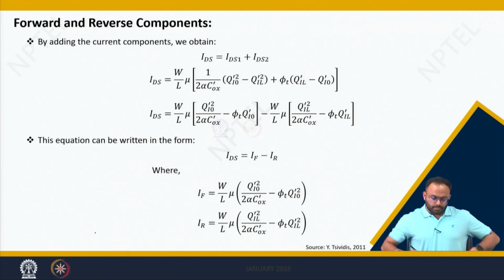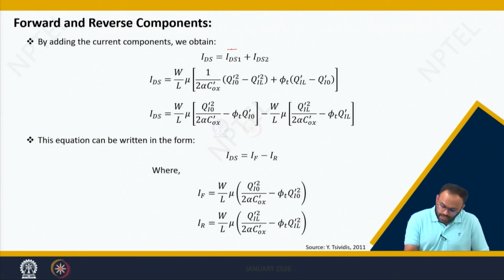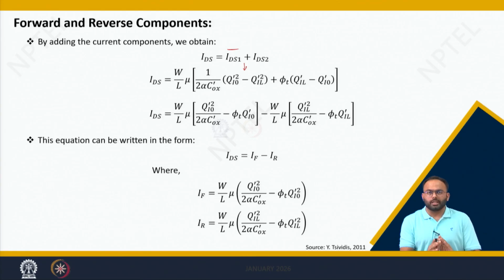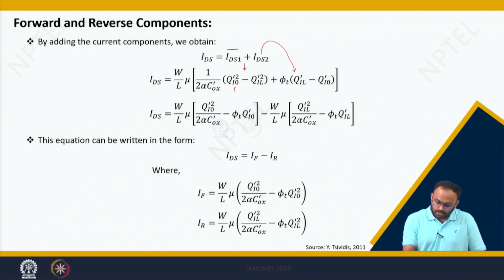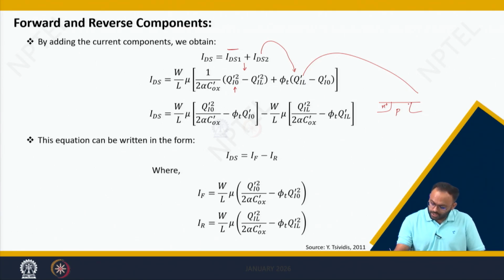Now let us define some components, which are forward and reverse. We have seen that IDS1 now can be defined as this, which is having only inversion charge, there is no component of surface potential. Similarly, IDS2 can be defined as this. Let us simplify it further and find out the separate terms of Qi dash 0, which is nothing but the charge near the source channel junction, and Qi dash L, which is nothing but the inversion charge present at the drain channel junction.